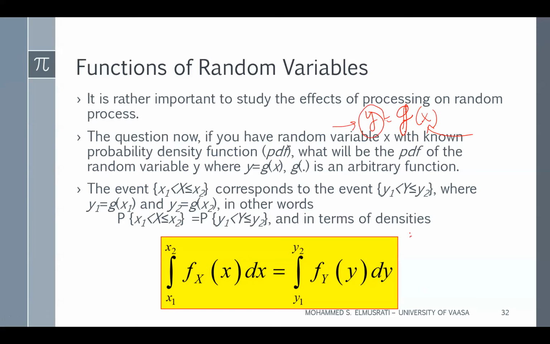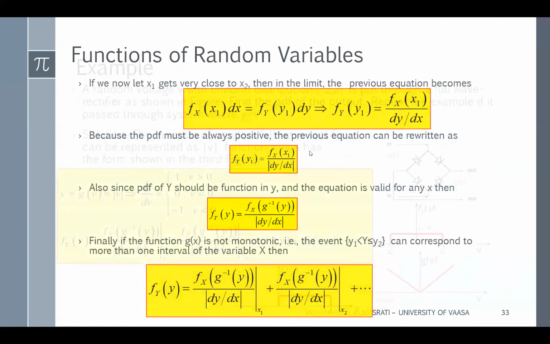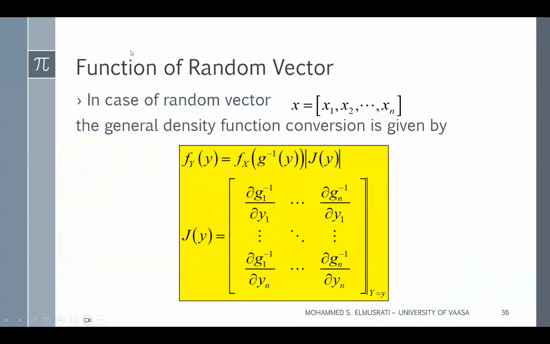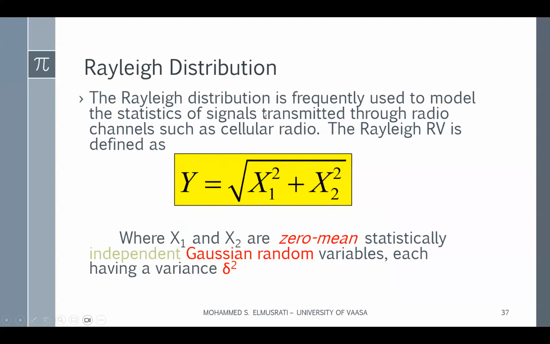For example, if you have y equal to x squared, and x has distribution f of x, what will be the distribution of y? This will be the question that we will answer next week, inshallah. And after that, here is functions in the case of vectors, but this part I might skip at this moment and come back to it later, especially in estimation theory.